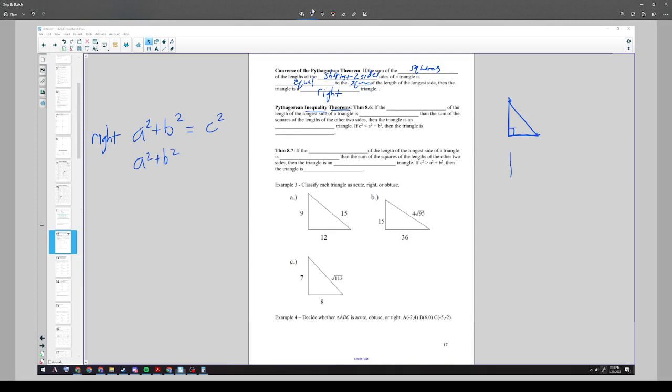So if I did that, then my hypotenuse is also going to need to get a bit longer. So what that does is it opens up this angle, and now it's greater than 90 degrees. So if a squared plus b squared is greater than c squared, then we have an obtuse triangle.